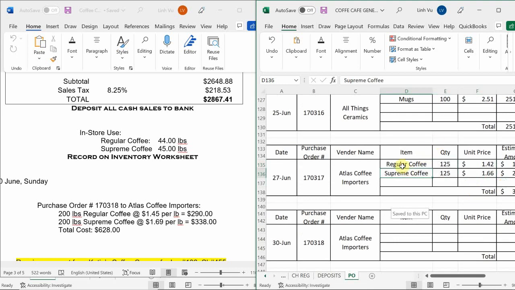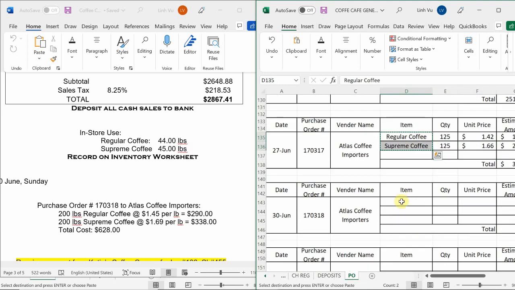Actually, I just only need to copy these two here. Okay, so the Supreme Coffee, we want 200 pounds, and we want 200 pounds of regular coffee as well.